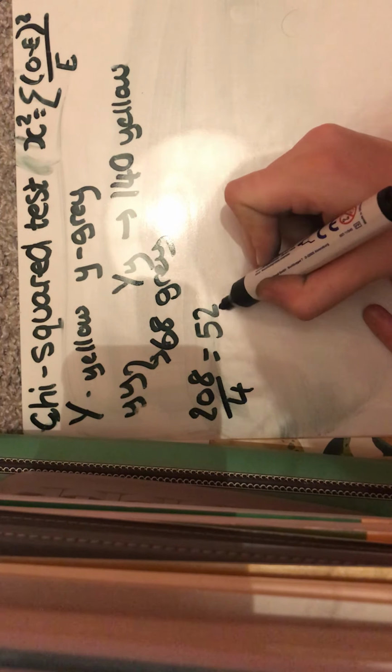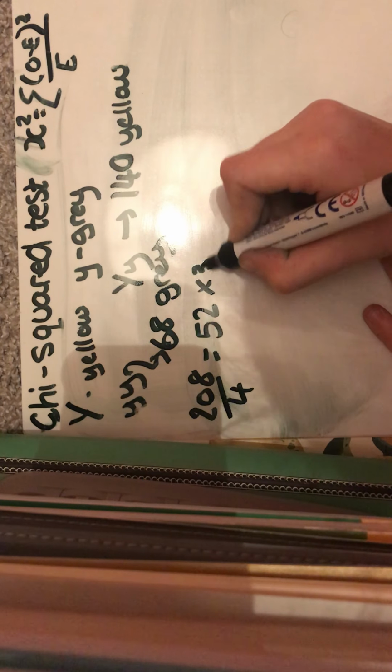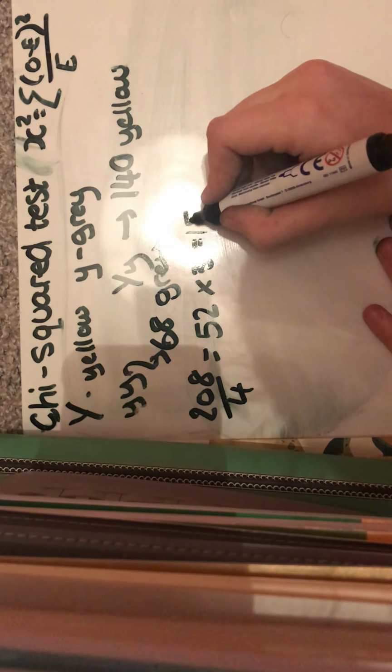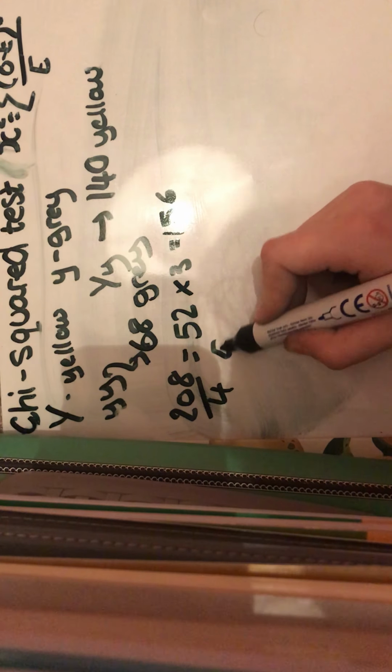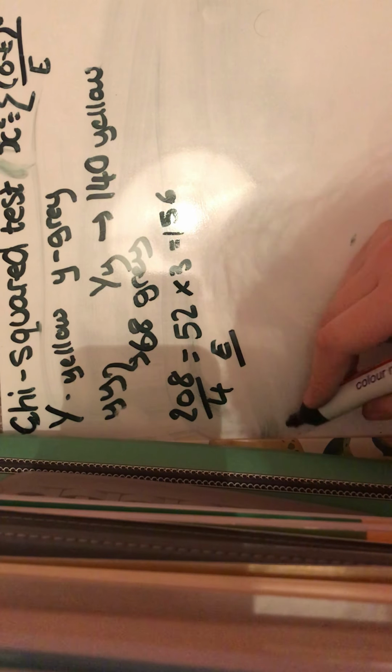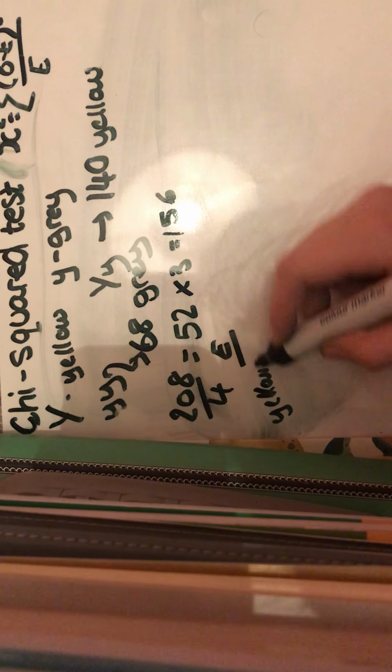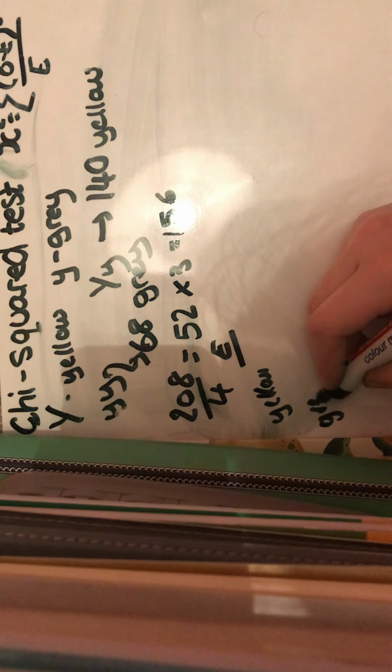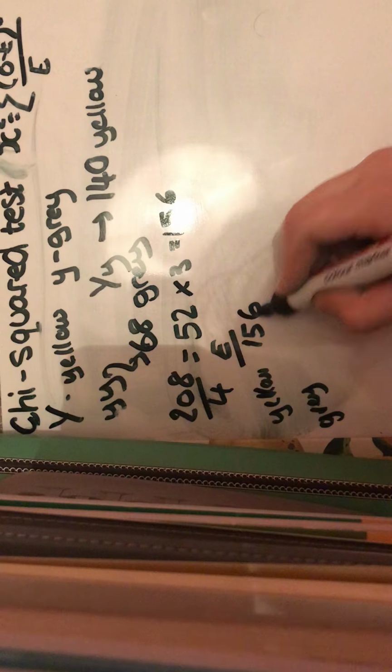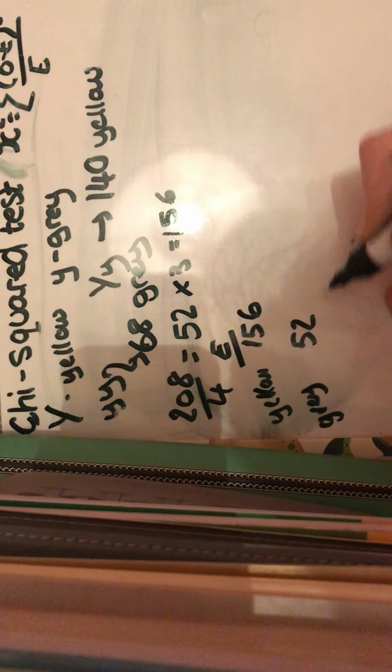And this is the 25%. If you times that by 3, you get your 75%, which is 156. So our expected value for yellow is 156, and it's 52 for the grey.